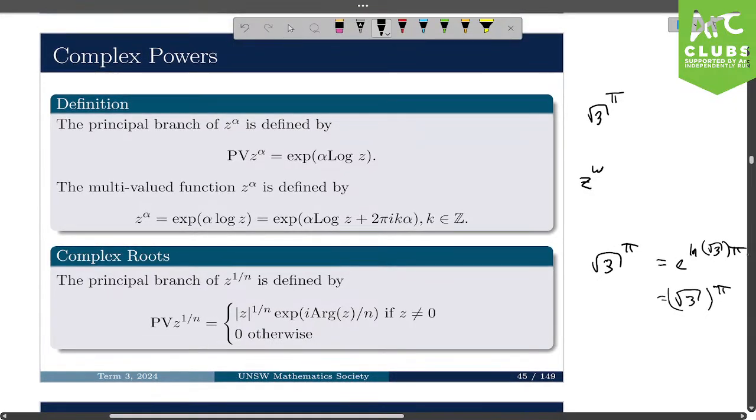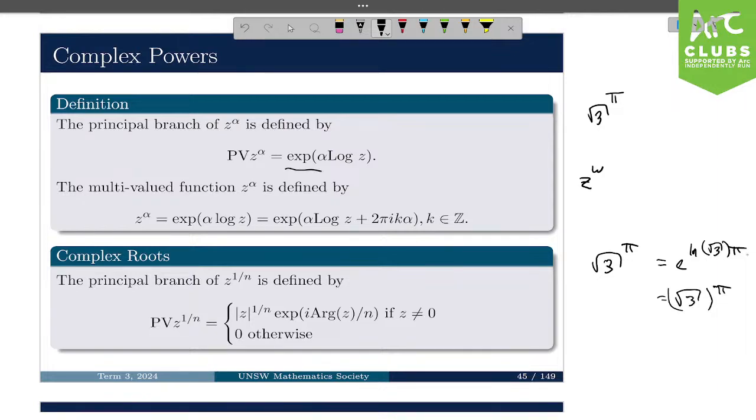There are other branches of this value, which we would find by using different branches of this log. Or we could use the multi-valued function z to the a, which is defined using the multi-valued log. And the exponents in there are going to be separated by multiples of 2 pi i alpha.